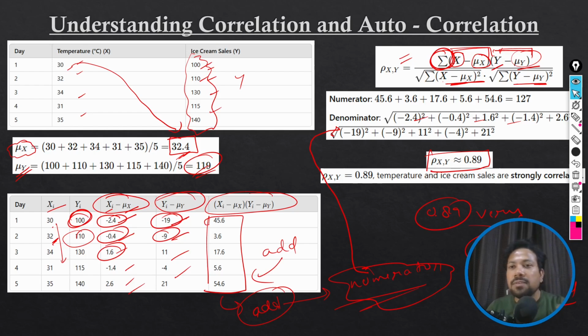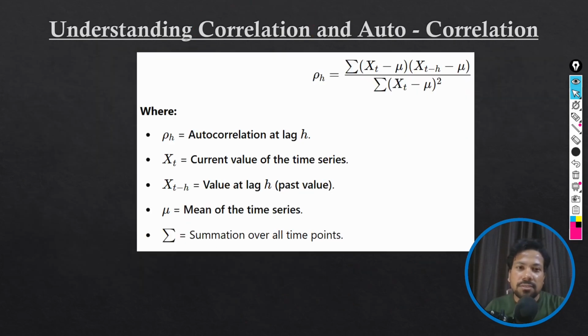So in that way, I have explained correlation. Now in time series data, we do not use correlation. Instead, we use autocorrelation. Why is autocorrelation used?